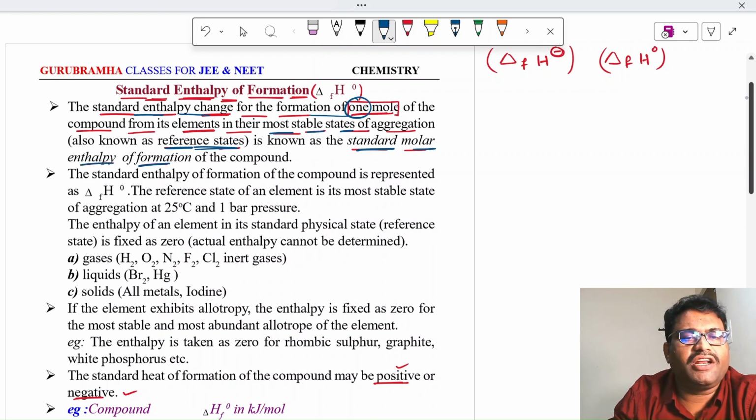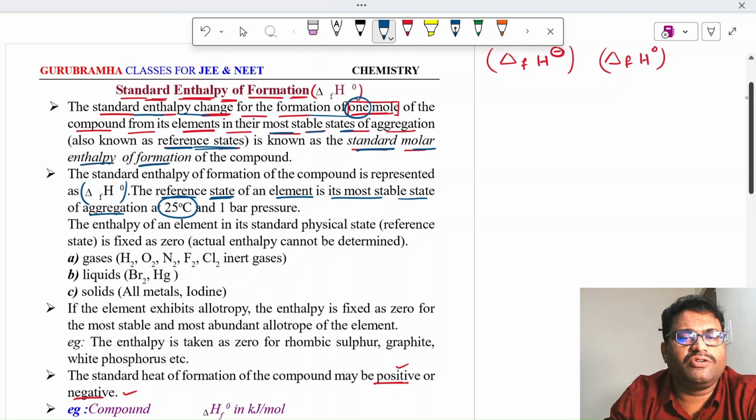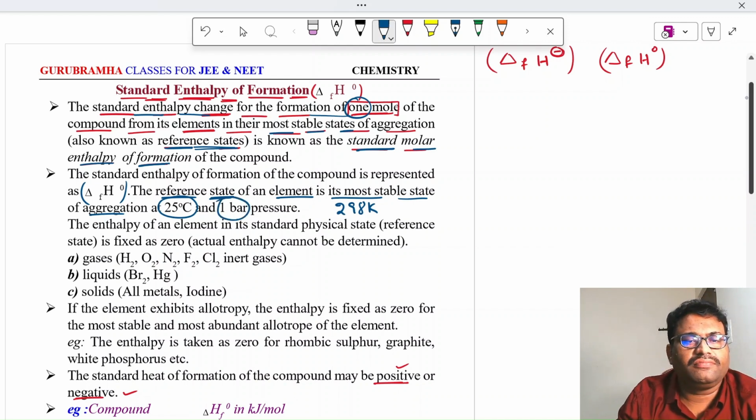The standard molar enthalpy of formation of a compound is represented as delta f H naught. The reference state, or standard state, of an element is its most stable state of aggregation at how much? 25 degrees centigrade, which is also equal to 298 Kelvin, and 1 bar pressure. 1 bar pressure. These are the conditions.